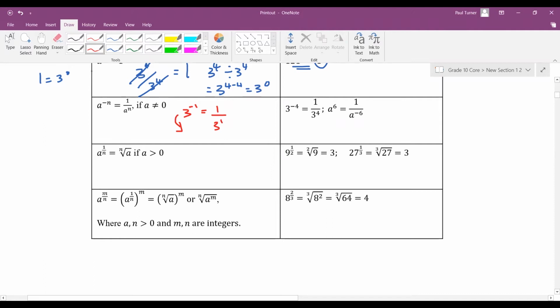So for an example, how did we get a negative? 3^4 divided by 3^5, like that. So that's 3^4 on 3^5. In this case, we would subtract the power, wouldn't we? 3^(-1), like that.